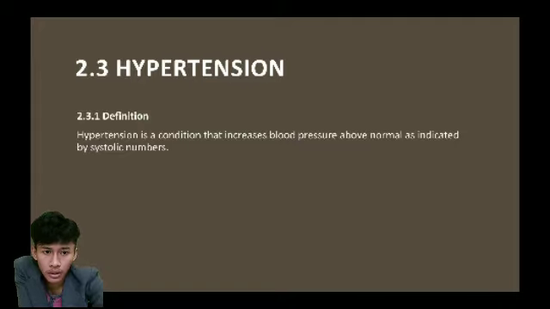Symptoms of hypertension. Hypertension is another name for high blood pressure. This condition can cause severe health complications and increase the risk of heart disease, stroke, and sometimes death. Hypertension can be detected by diligently checking blood pressure.